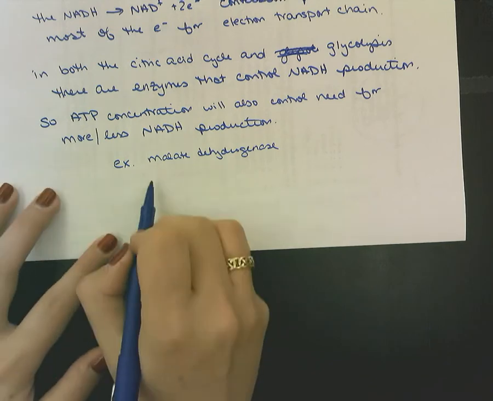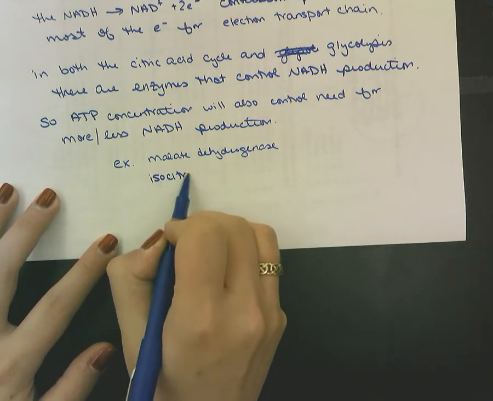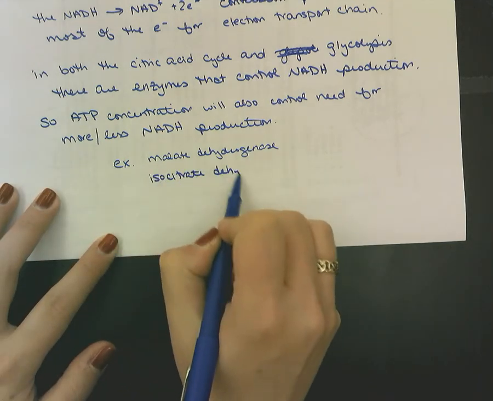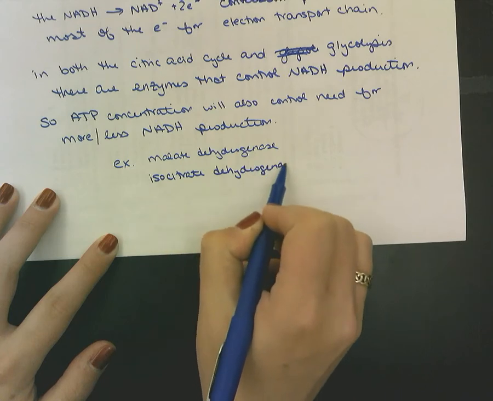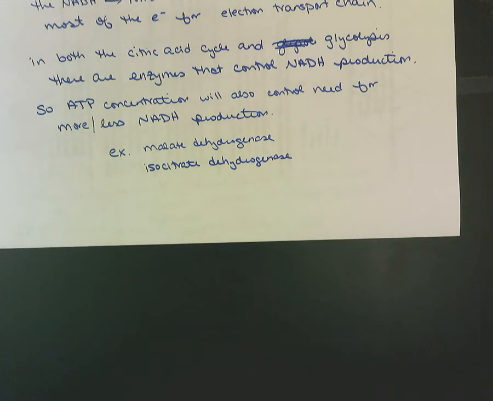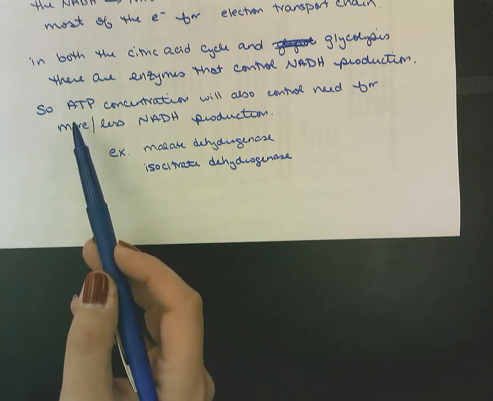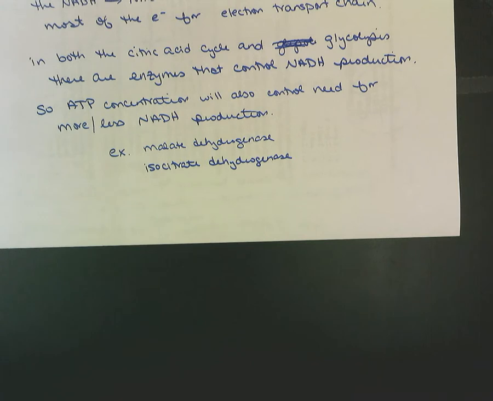So is isocitrate dehydrogenase. Those are just some examples. All those citric acid cycle enzymes and glycolysis enzymes that use NAD plus to make NADH can be controlled by what the ATP concentration is to forward it through the cycle.